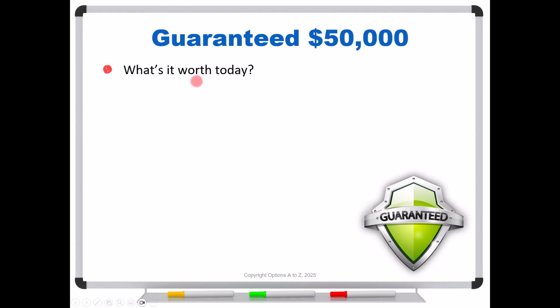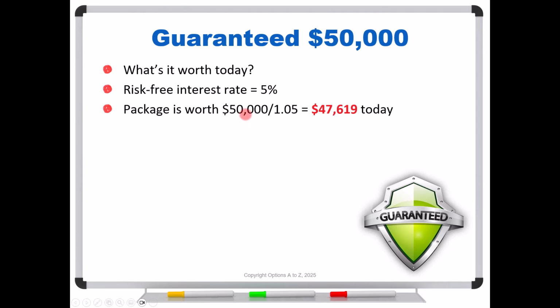Well, if this is in 1 year, the question is, what's it worth today? And we know how to figure that out. If the risk-free interest rate is 5%, this package is worth $50,000 divided by 1 plus the interest rate, $47,619 today. How can we check our math? Well, if you deposit $47,619 into a bank paying 5%, look at that.